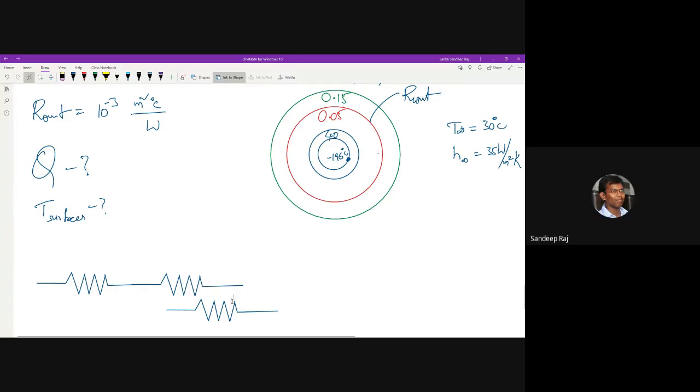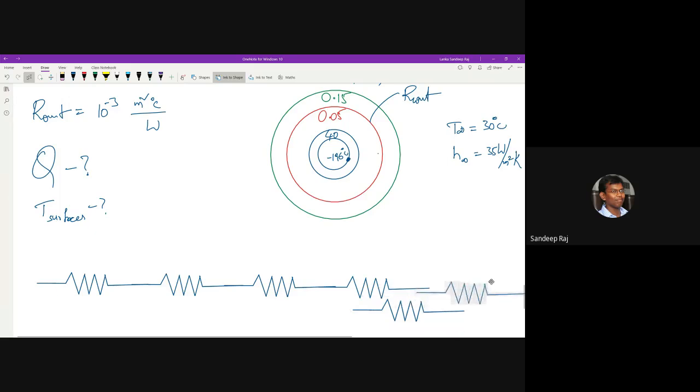So let me put 5 here. Why 5? I will tell you. There are 5 resistances in this particular circuit. Why 5?